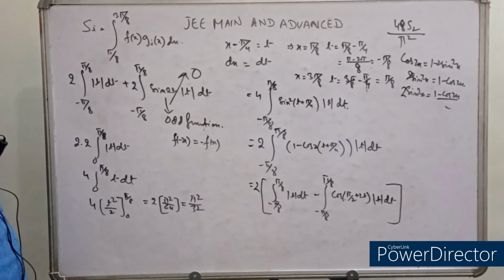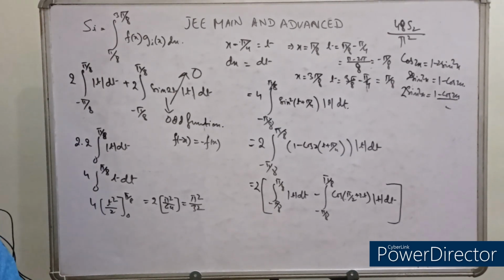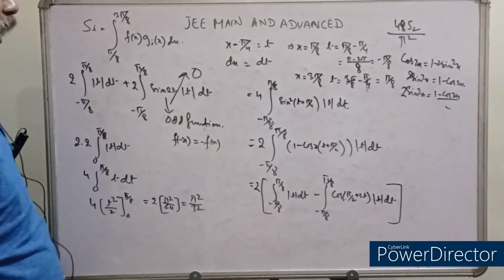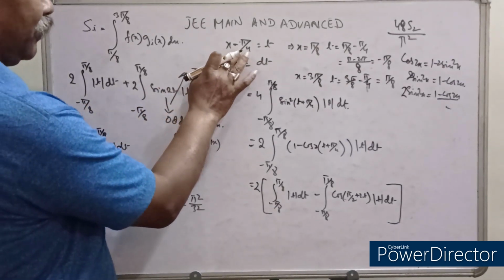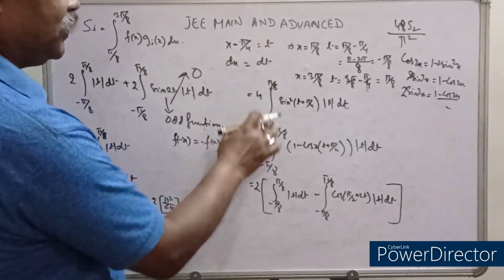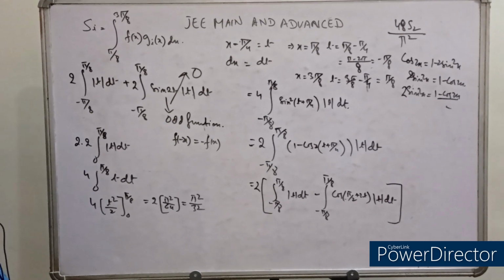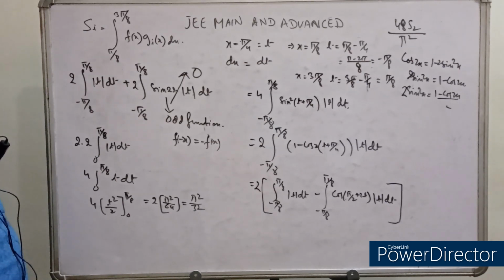The modulus function was creating a difficulty in solving the problem. So I supposed this as t, and when I changed the limit I got minus a to a. So from this I can assess that this question will be solved by definite integration property.